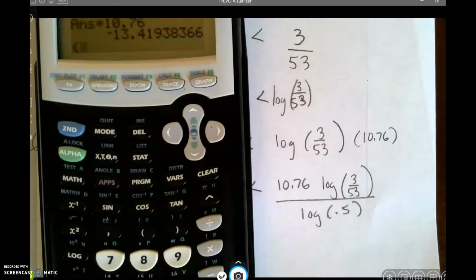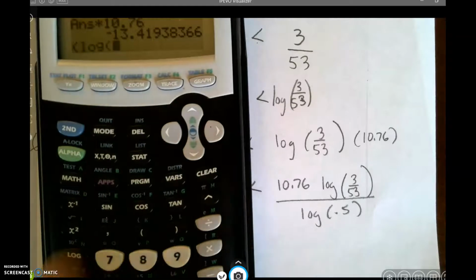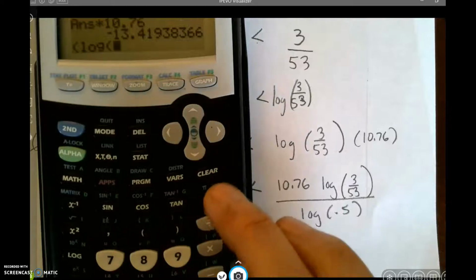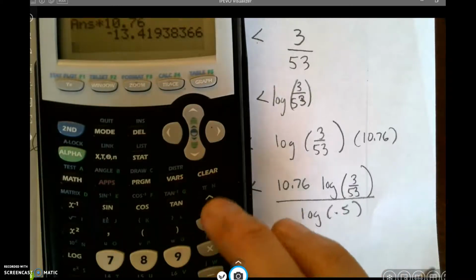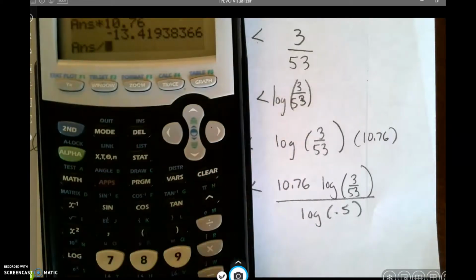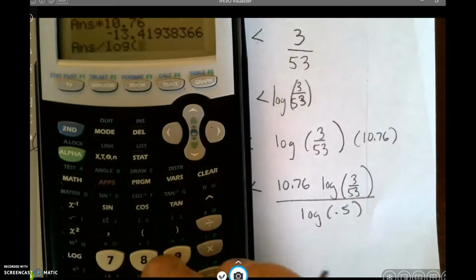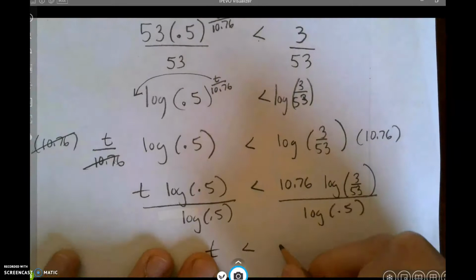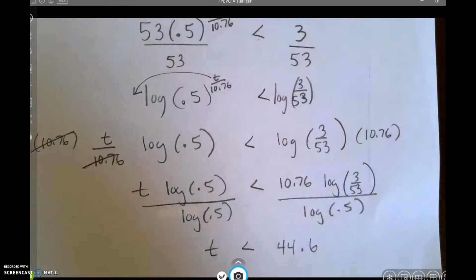And divide that by the log of 0.5, and I get 44.6.